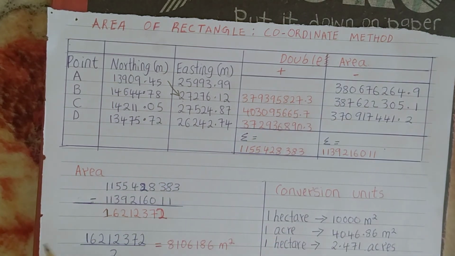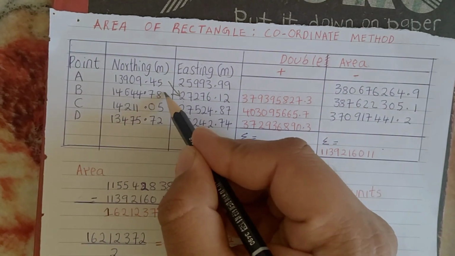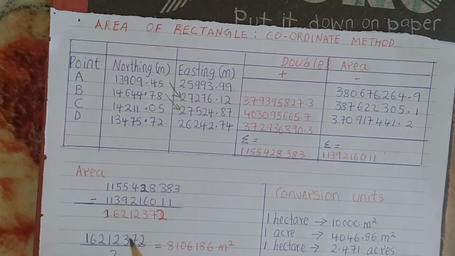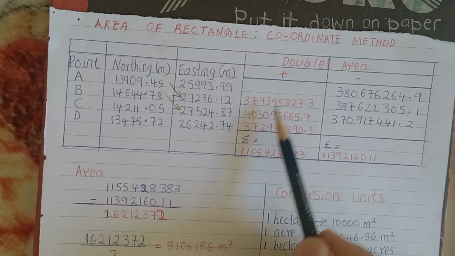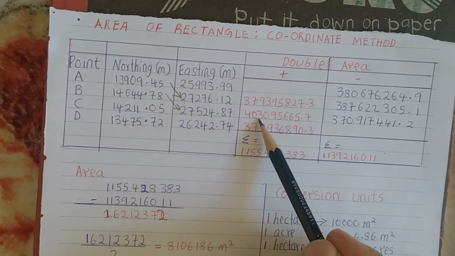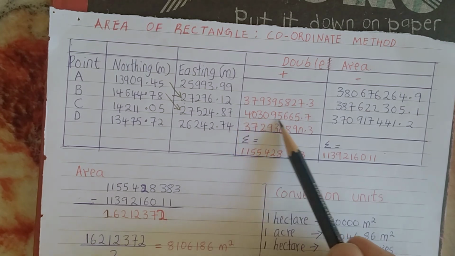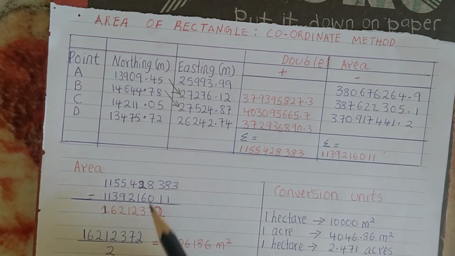And then you do the same for the other points. So I'll take the northing of B, then multiply by the easting of C, and then I write my answer in the positive column over here. When you multiply, you'll get 40,356,5.7. And then you do the same.